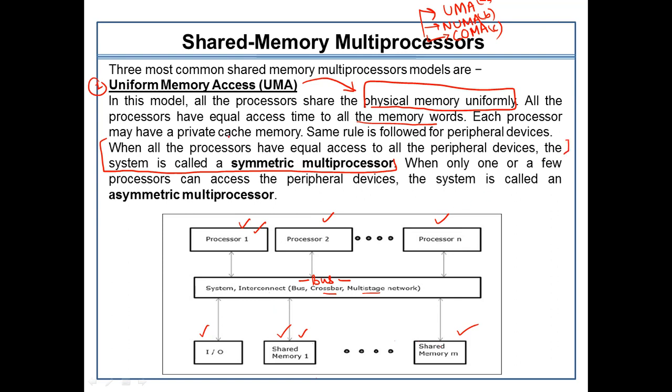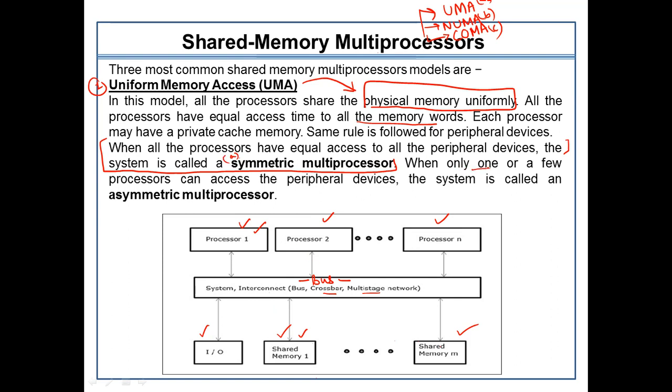We have already learned that multiprocessors fall under two categories, right? Symmetric and asymmetric. So when we provide equal access time to all the peripherals and all the shared memory modules, we call it a symmetric multiprocessor.